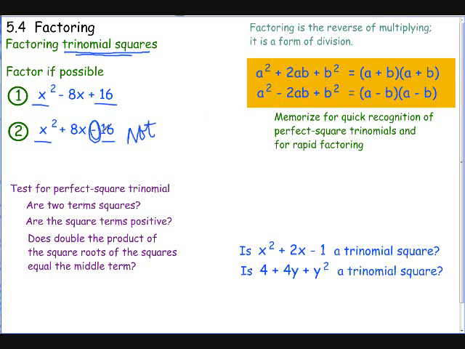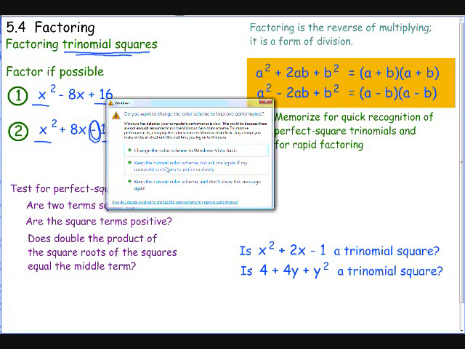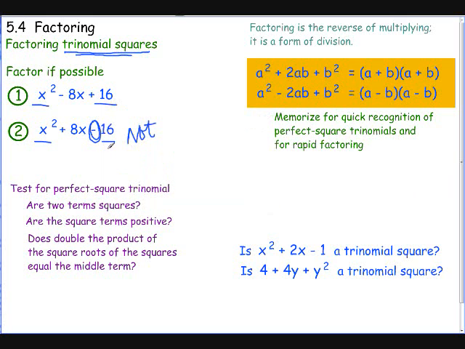Because if this had been a negative 4, it would square up to be a positive 16. Are two terms squares? No. Are the square terms positive? No. Does double the product of the square roots, x times 4, equal the middle term?